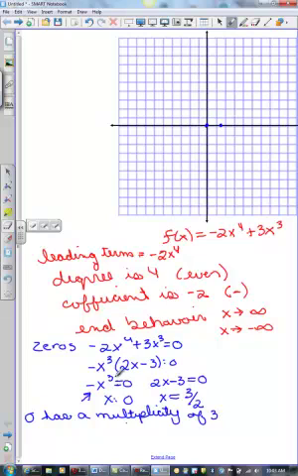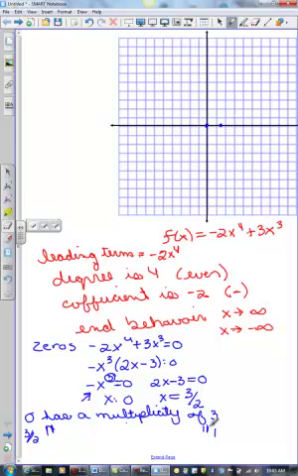Reason being is when I take the cube root, I wind up with 3 roots there. So 0 has a multiplicity of 3. 3/2 has a multiplicity of 1. Okay, because it's only occurring once. The degree on that x is 1. Okay? So we do have those x-intercepts of 0, 0, and 3/2, 0.